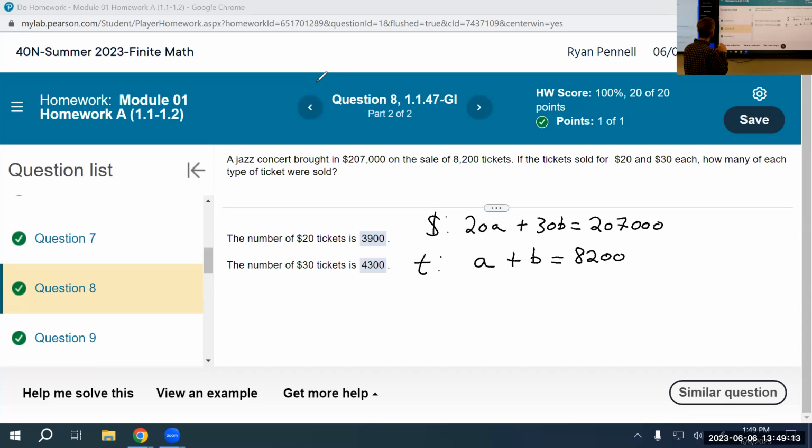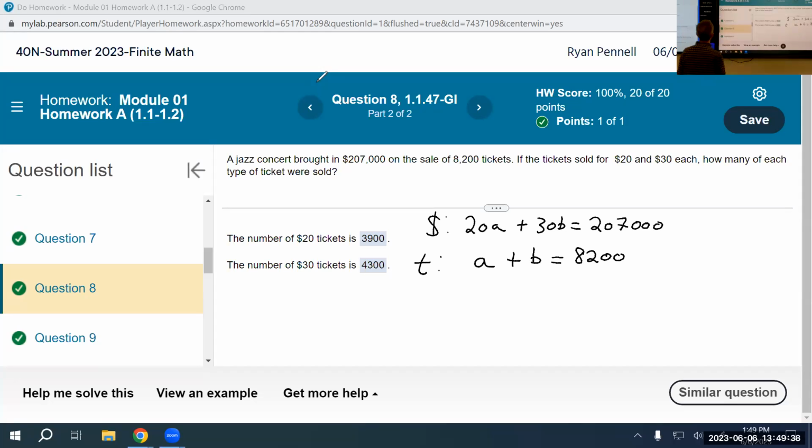If these cross each other at some point, then that's how many tickets were sold. We could think about it as XY or AB, it doesn't matter. But these are two lines, and where they cross must be the solution to this system. So now we have to think, okay, how are we going to solve for this?